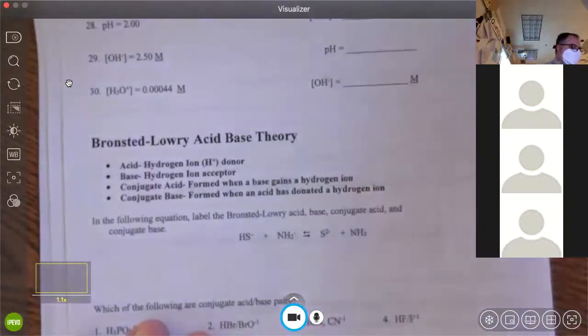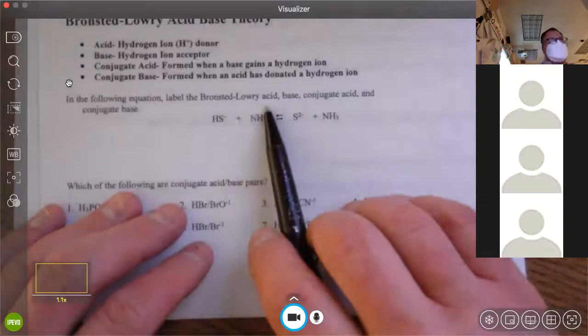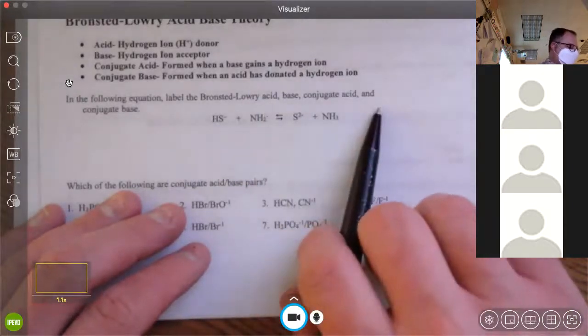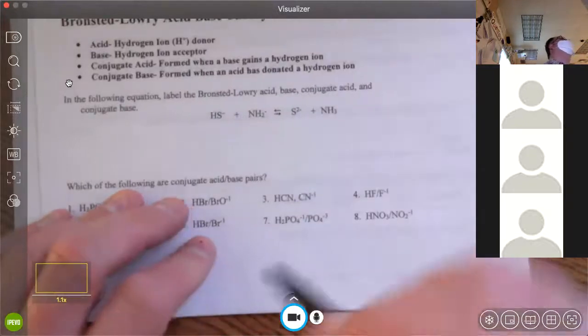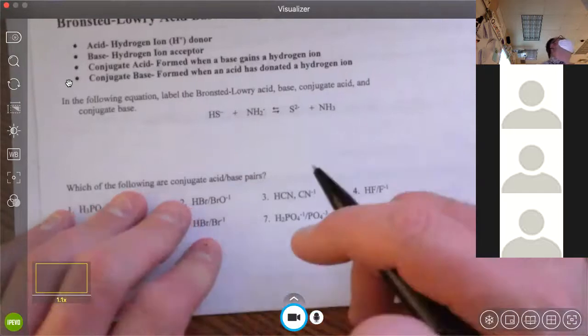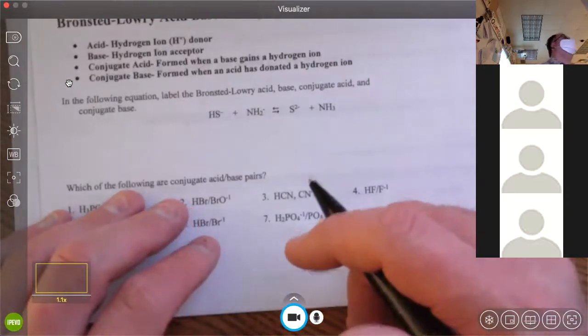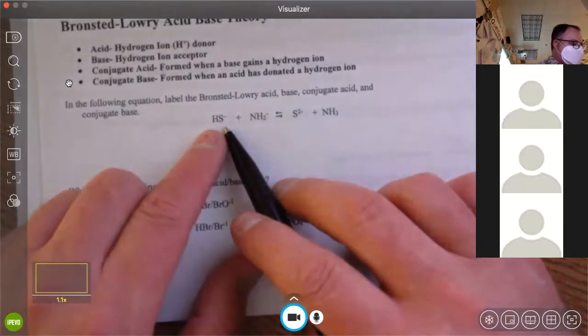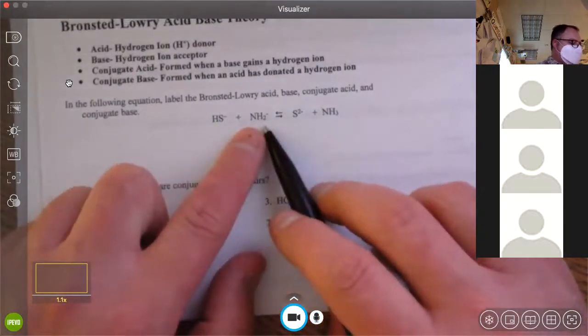So in the following equation, it says label the Bronsted-Lowry acid and base, and the conjugate acid and conjugate base. So if we take a look here, we have HS and NH2.